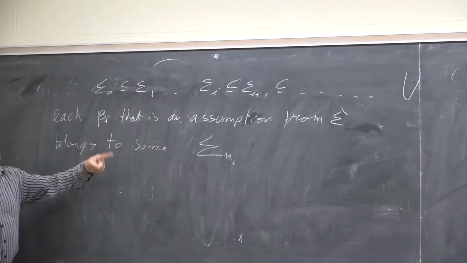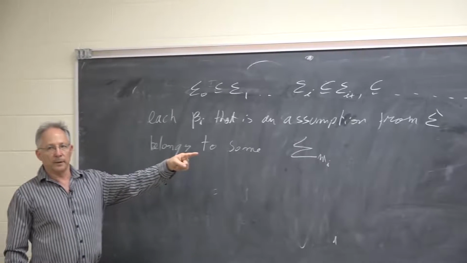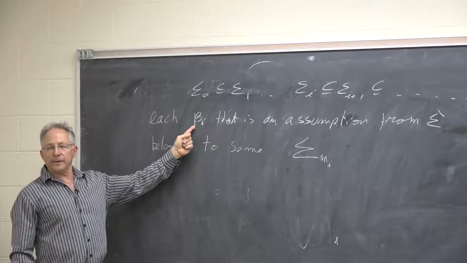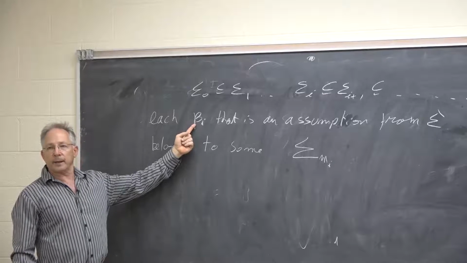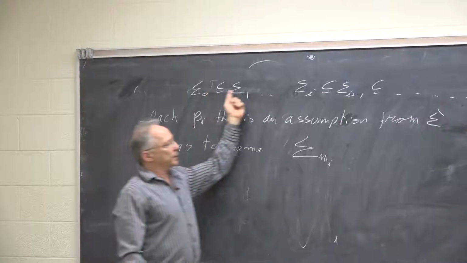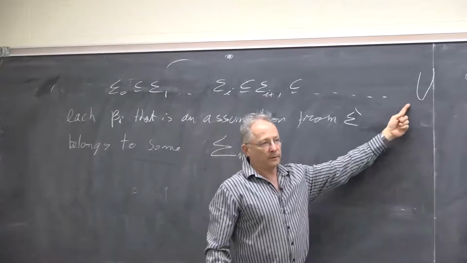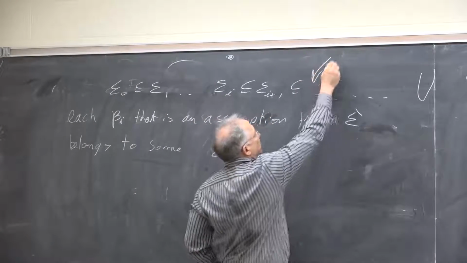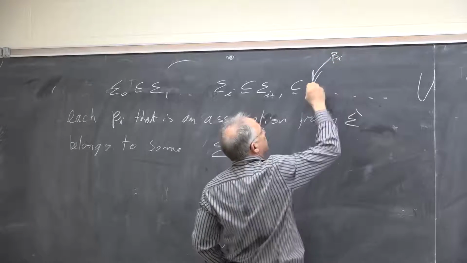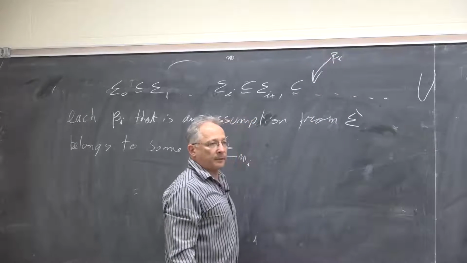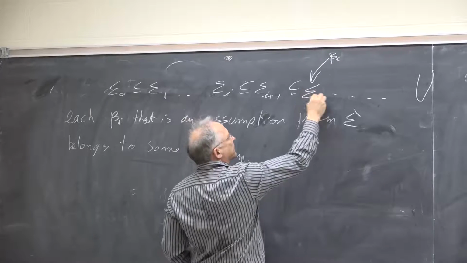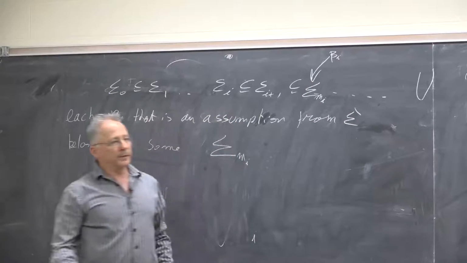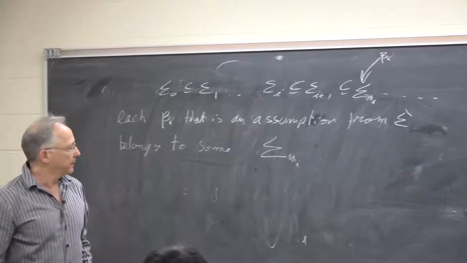So I look at the proof, and each time the proof uses an assumption, I look at this assumption and ask, sure, the assumption comes from this big union. If it comes from the big union, it came from one of the components. So this beta i resided in some element here. I call this element sigma m i. I mean, I don't know what the index is, so I'll call it m i.